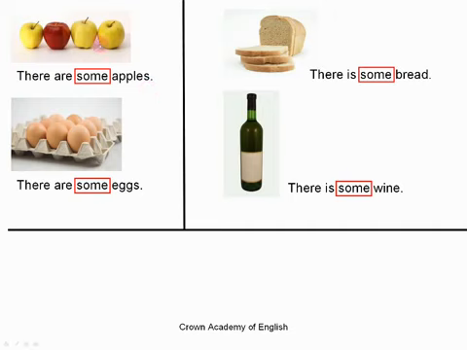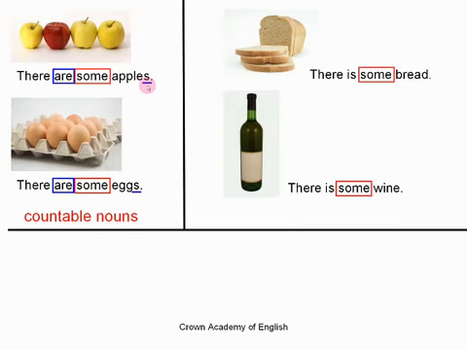There are several apples, and so the verb is in the plural, there are, and the noun is in the plural, apples, with a letter S. And it is the same for eggs. There are some eggs, with an S at the end.